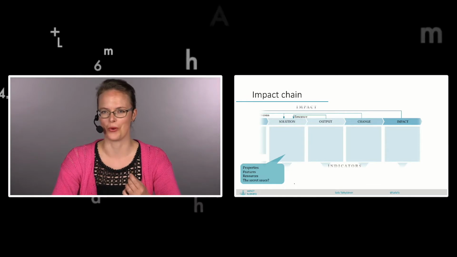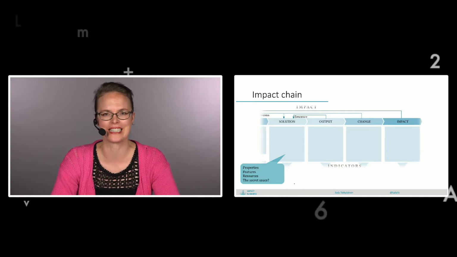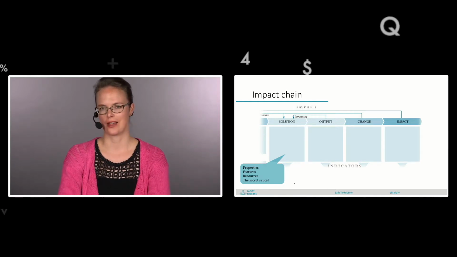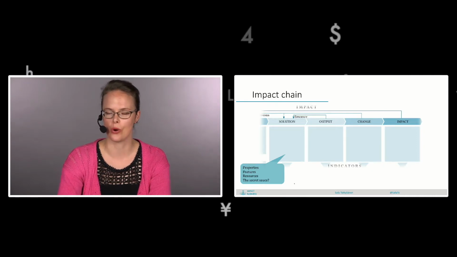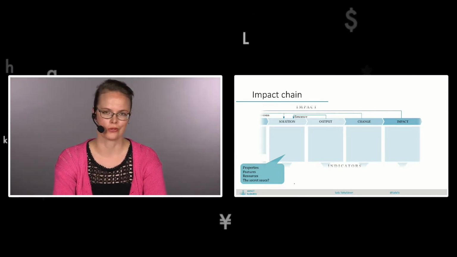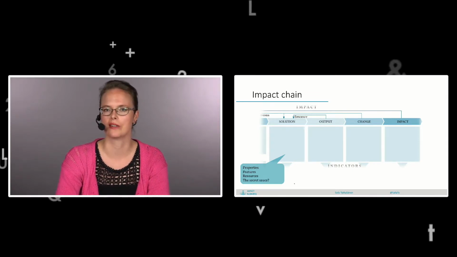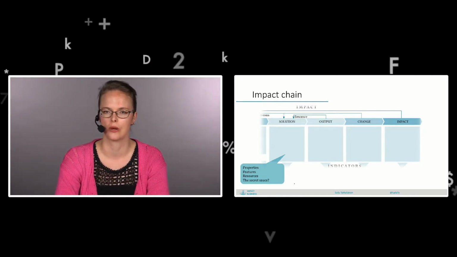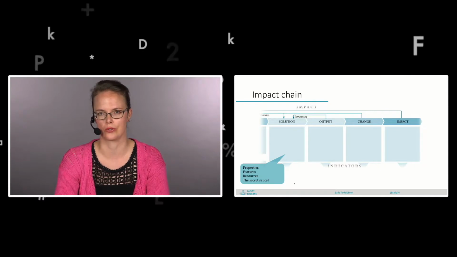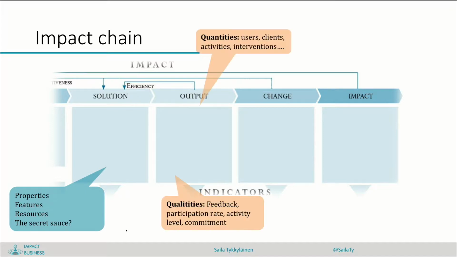What's the secret sauce that makes it all happen, that convinces the stakeholders that you are actually able to reach your goals and make those changes happen? It shouldn't be only resources, but also the properties, the features. What is unique in your solution, or how does it complement what already is there in the market?